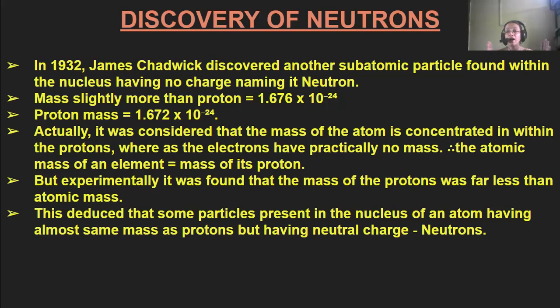But experimentally, it was found that the mass of the protons is far less than the atomic mass. So atomic mass is much more than the mass of the protons. That means something is there which is added to the protons' mass to make the atomic mass.